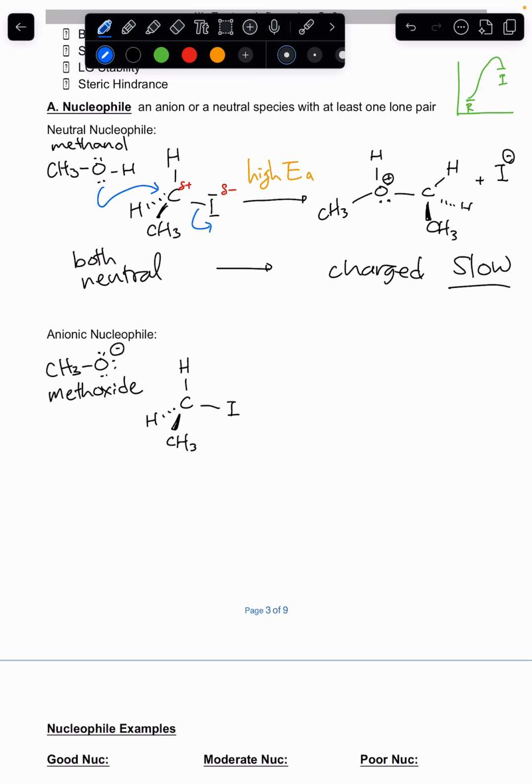I hope you can appreciate that this is even more nucleophilic than the neutral methanol because of the negative charge, and hopefully the name makes sense too. Remember from Chem that when you have a negatively charged species, the name should end with either -ide, like chloride, iodide, methoxide, or -ate, like sulfate, acetate. So this would be able to do that SN2 reaction.